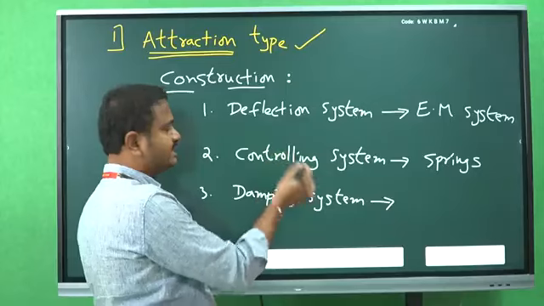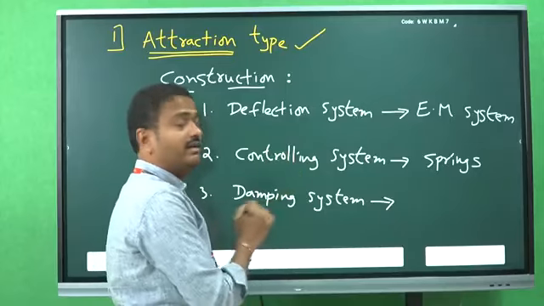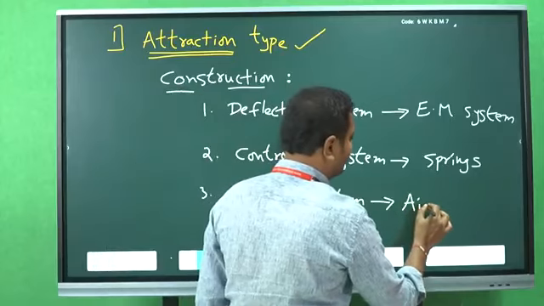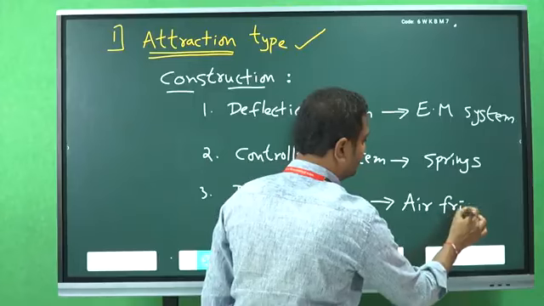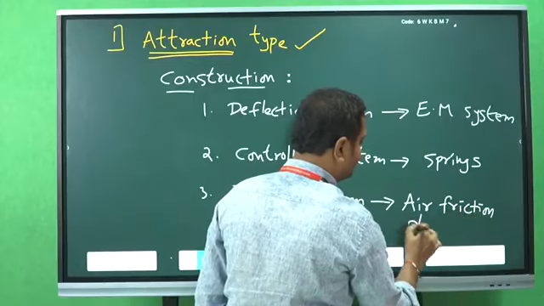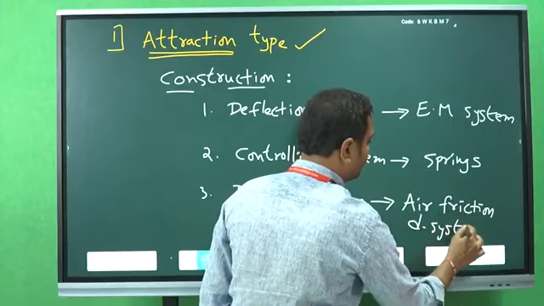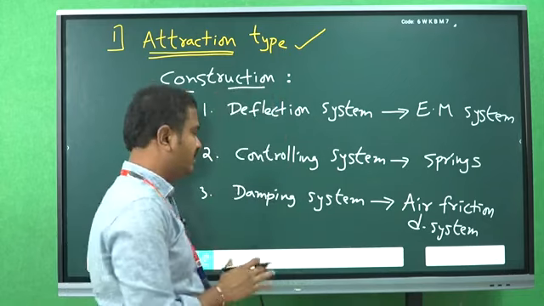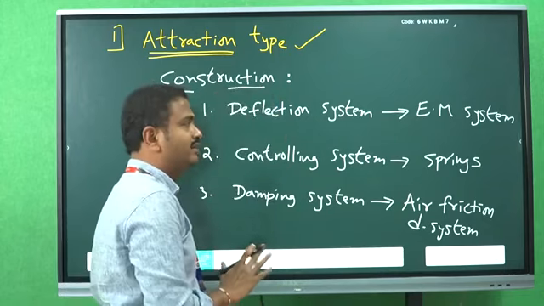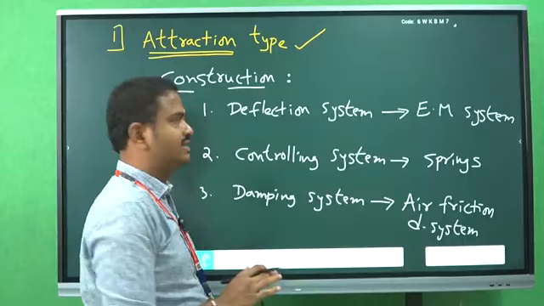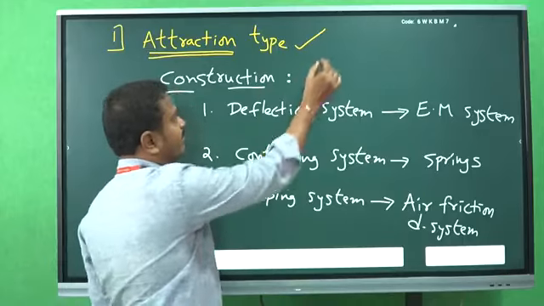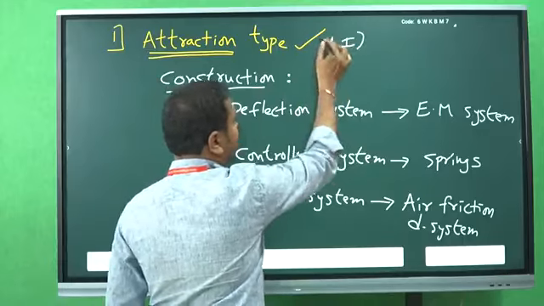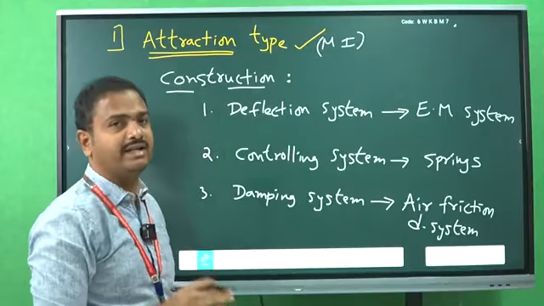In these MI instruments we are using air friction damping as the damping system. So deflection system, controlling system and damping system are the three basic requirements to construct an attraction type MI instrument. MI means moving iron instrument.